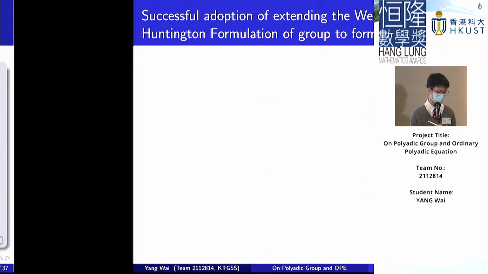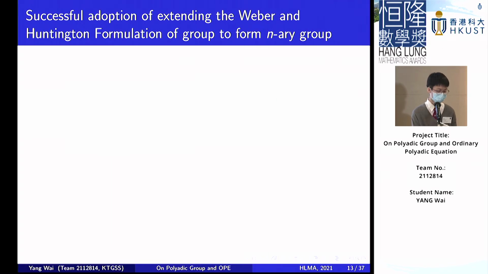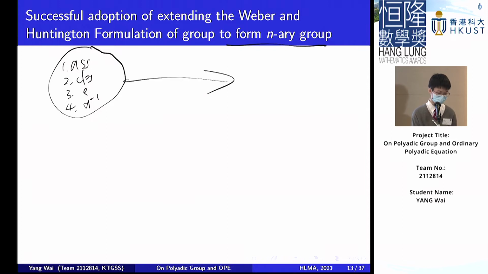So why do we come up with such a problem? It is that in our university textbook, the usual definition of the group is about the associative law, closure, the identity element, and the inverse element. If we want to form the n-ary group, we have to extend the identity element to the neutral element.